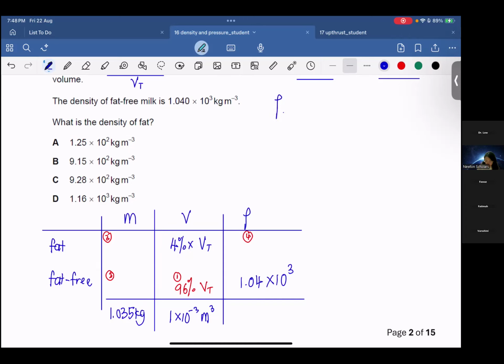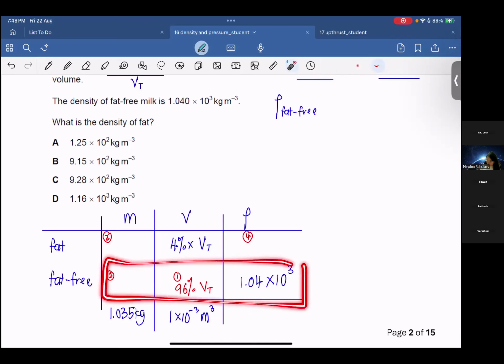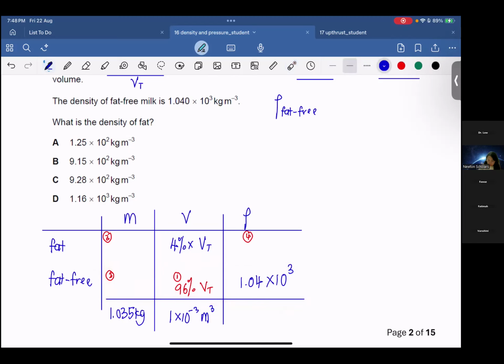Okay, so here the density for the fat-free, because this information is more complete, we can calculate this. It equals the mass for the fat-free divided by the volume of the fat-free, which is 1.04 times 10 power of 3. The mass here we don't know; we want to calculate the fat-free mass.